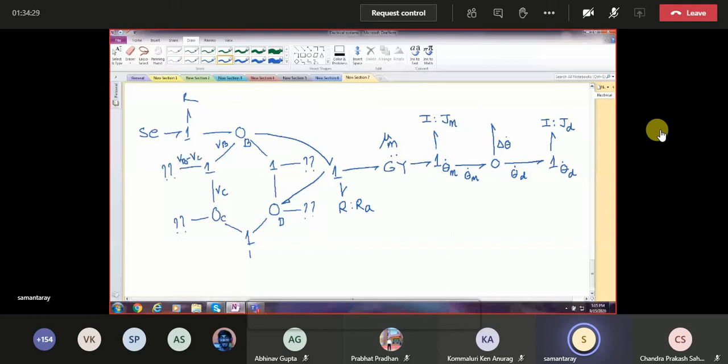Whenever we are taking difference between two flows, we are using zero junction. This is the fundamental difference. One junction is to do some kind of algebra of forces. Zero junction is same effort. It does some kind of algebra between flows. Incidentally, here only three variables are there. There could be more.